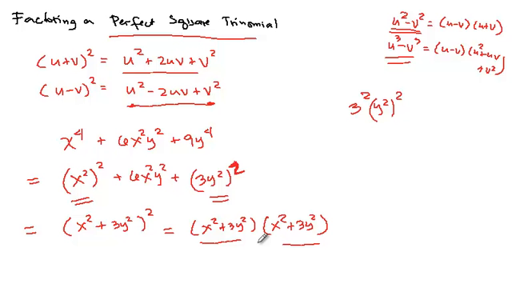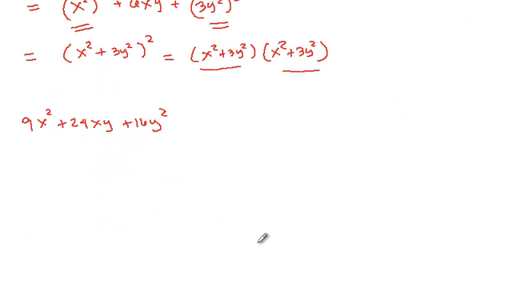Let's give another example. This one: 9x squared plus 24xy plus 16y squared. When you see a trinomial with three terms, then look at whether the terms are squares. Could this be a perfect square trinomial?